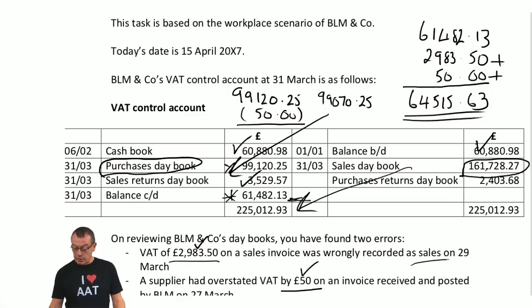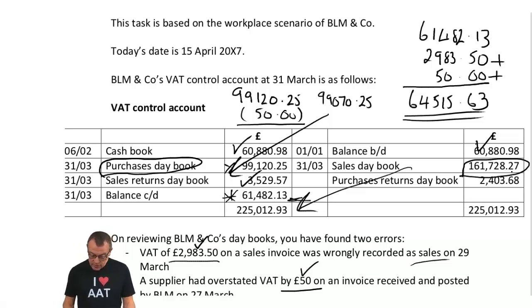Your sales day book will have changed. That's 161,728.27. You will need to add the 2983.50 into there. So that comes to 161,728.27 plus your 2983.5. That comes out as 164,711.77.